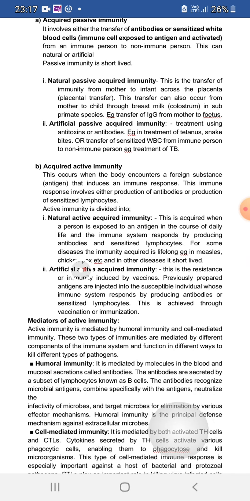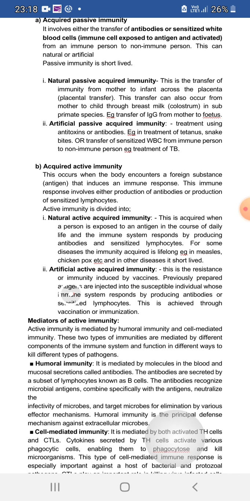Then artificial active acquired immunity is vaccination. So here again, instead of the body producing the antibodies and sensitized cells directly, we get weakened antigens which are prepared. We can weaken them by boiling or reacting with some chemical. Then we inject them into the body.